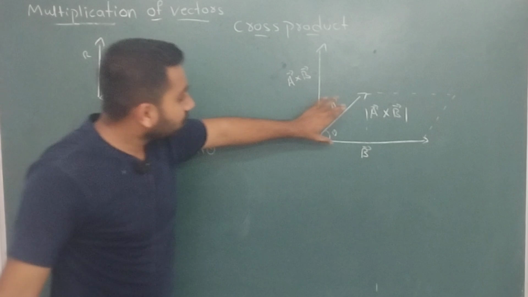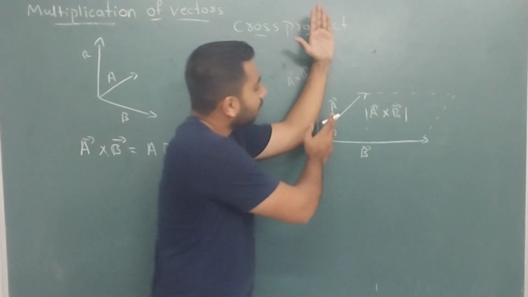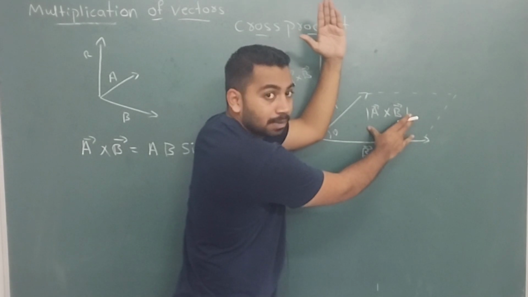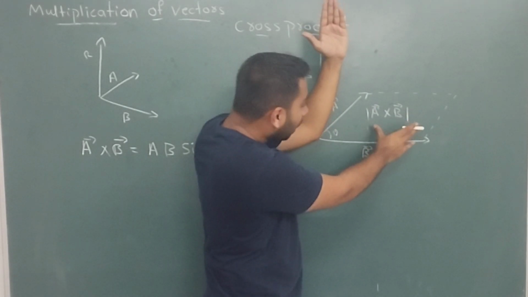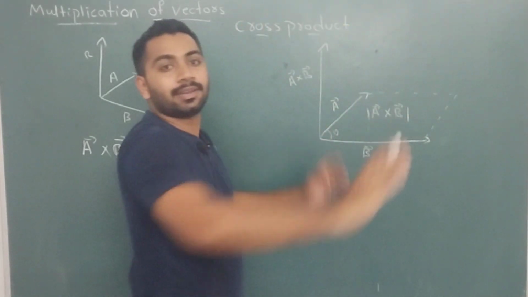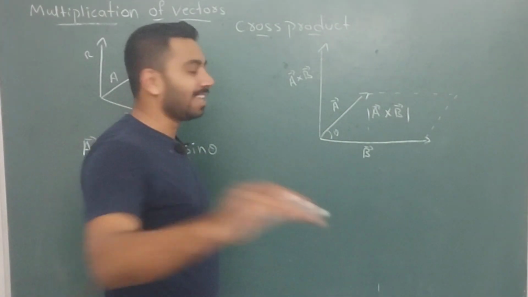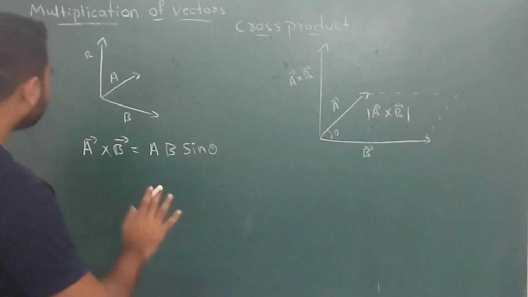See, just simple. We want this area. Forget about this, we just want this area. We are cross producting, and here some area comes. That area is equal to the magnitude of the perpendicular resultant. Wow, super. Now let us study some properties. Very simple.